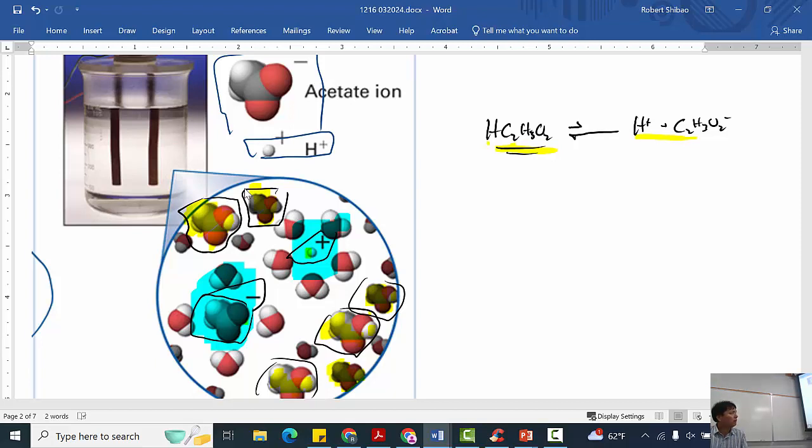And so we expect low conductivity because of why? Well, the acetic acid molecules aren't conducting. What's conducting? So we're going to ignore this. It's like water. Is the water going to conduct electricity?